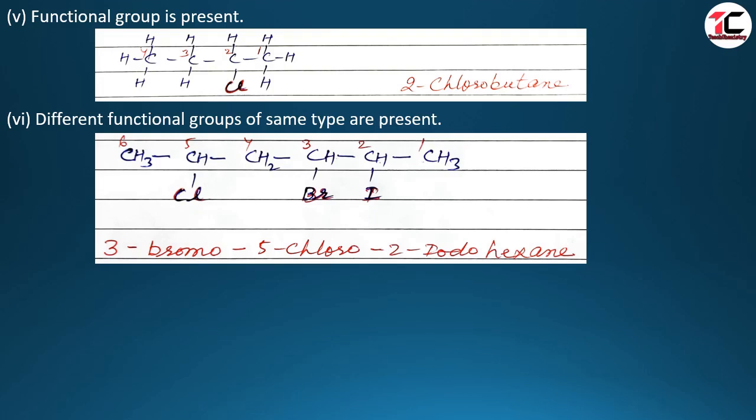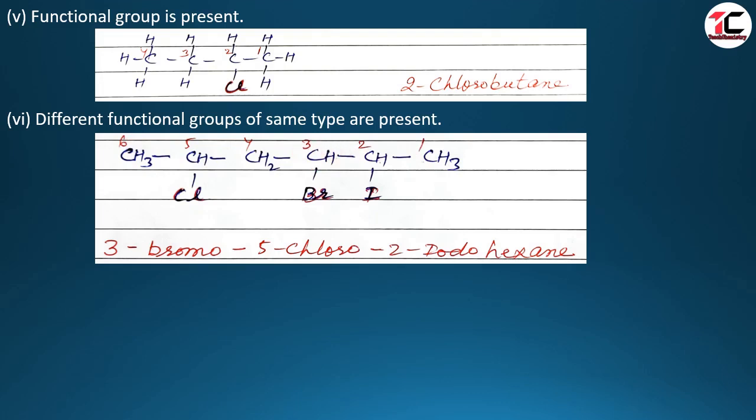We can see bromine, B comes first, then C, then I. So we will number it such that it comes on the lowest side. So we will start from this side, 1, 2, 3, 4, 5, 6. If we start from this side, then bromine will come at the 4th number. So it is the right numbering from this side.